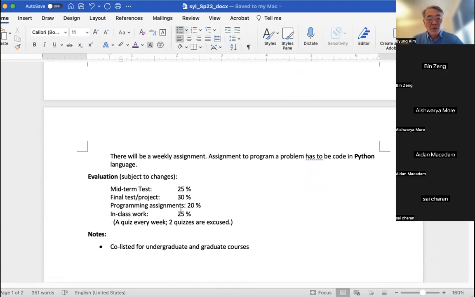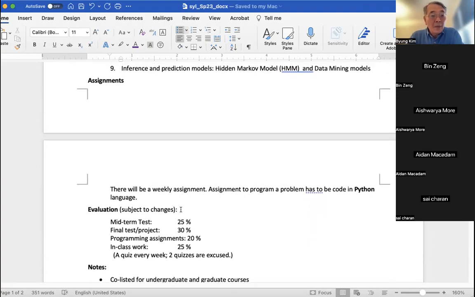Some related to the bio data. And for the assignments, you have basically a weekly assignment. And when you have a programming assignment, I expect you to do it in the Python language.